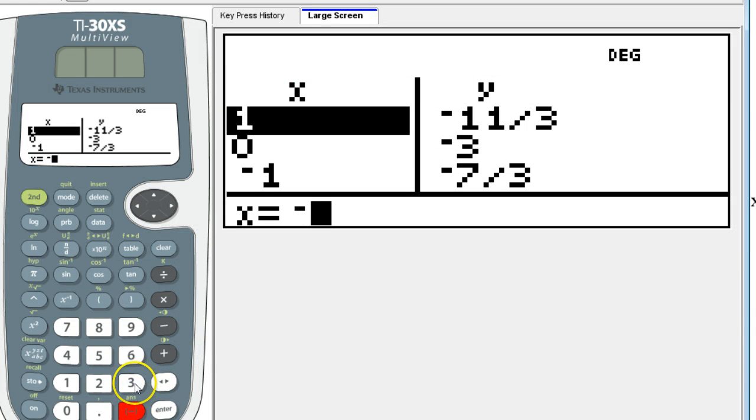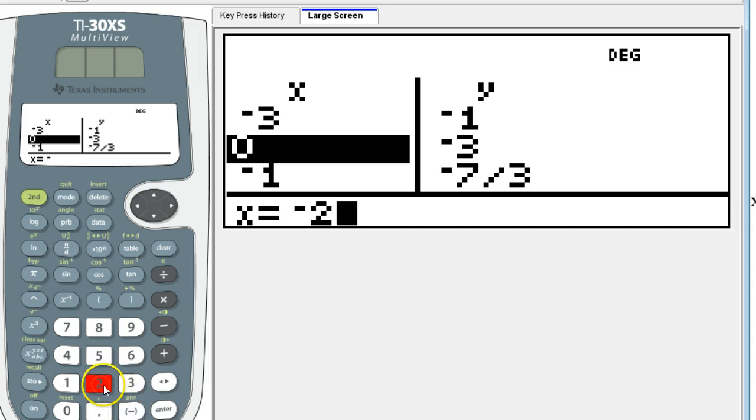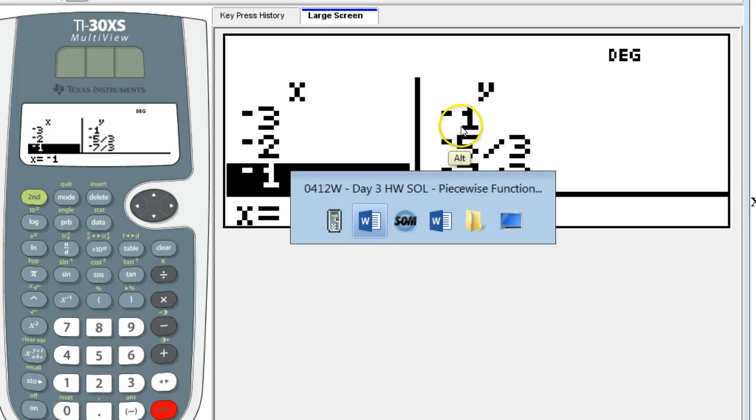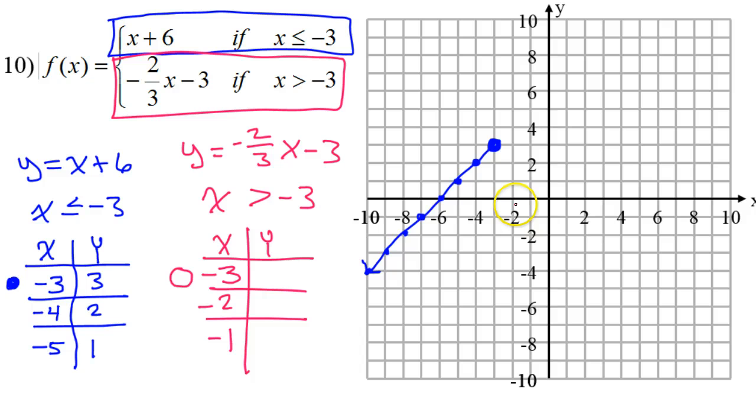So here we go. I've got negative 3, comma, negative 1. That's the most important point. So negative 3, comma, negative 1 would be right here. Now remember, we want to make this an open circle.